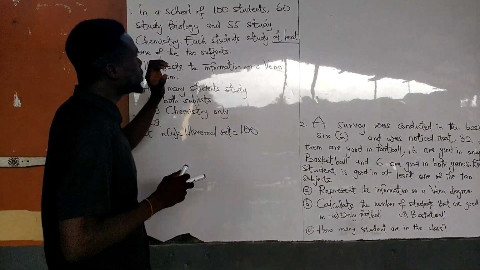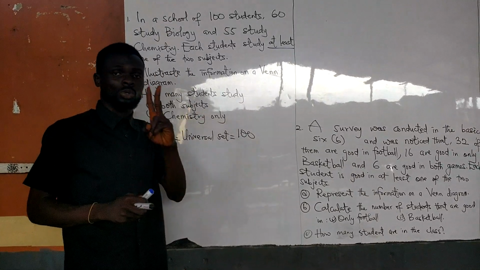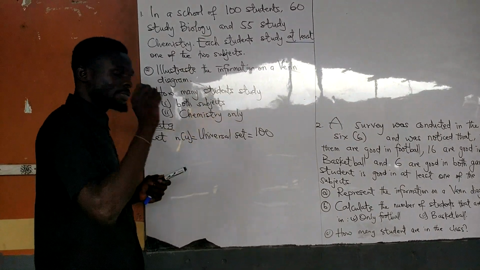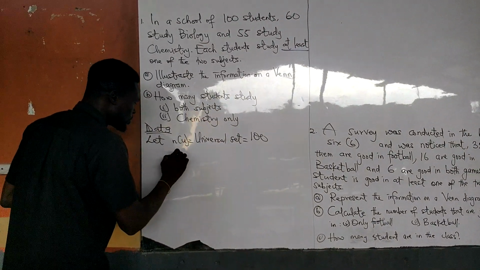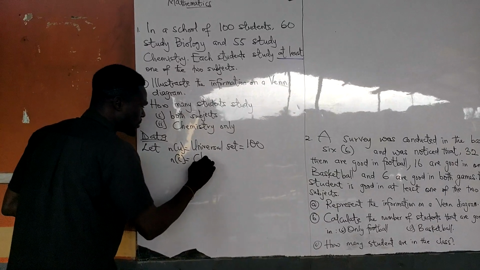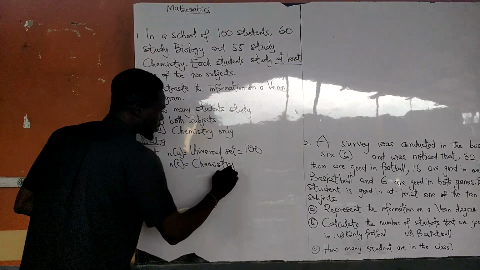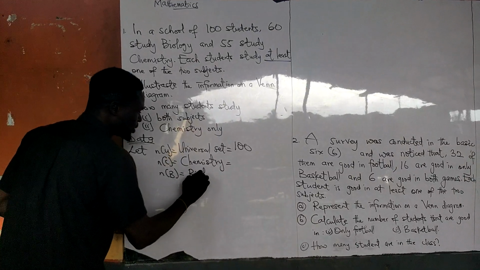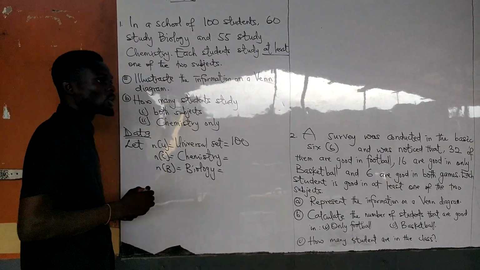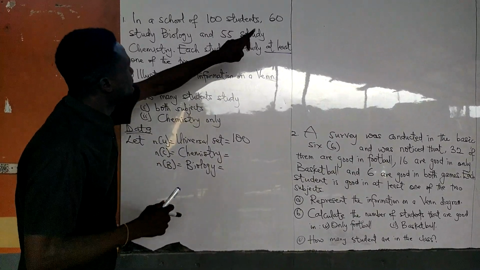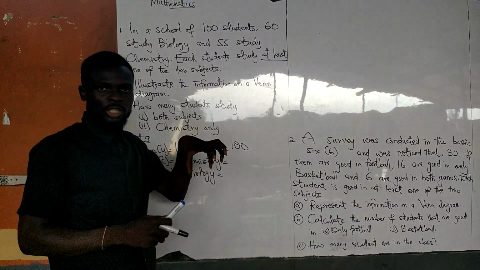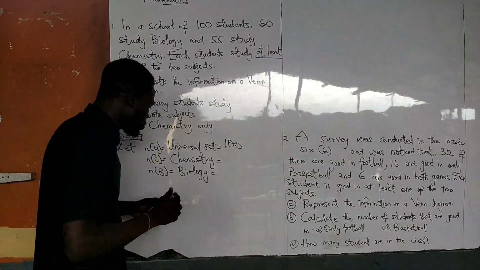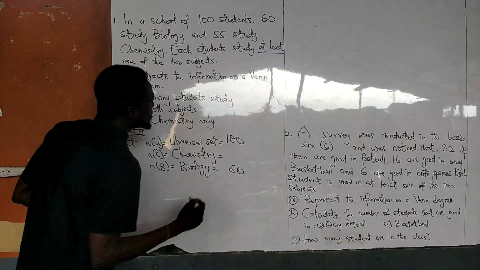Then when you look through, we have two subjects mentioned in the question, which are biology and chemistry. So using our first letters to represent each, let C be equal to chemistry, and let B be equal to biology. The question says that 60 study biology. So the number of students that study biology is 60.